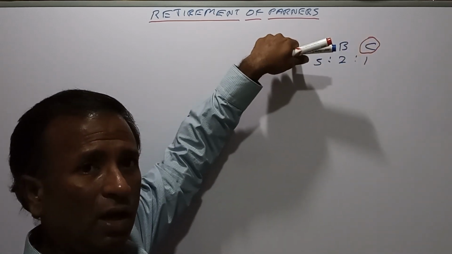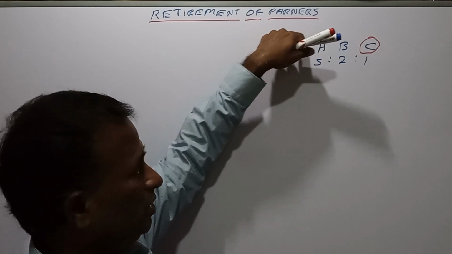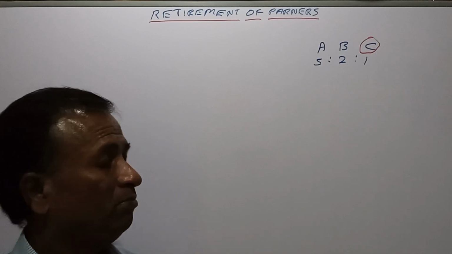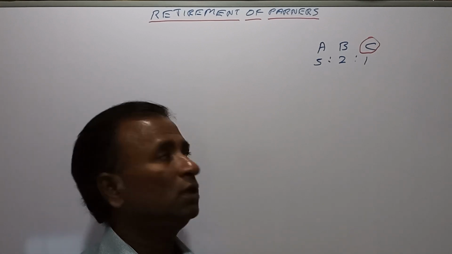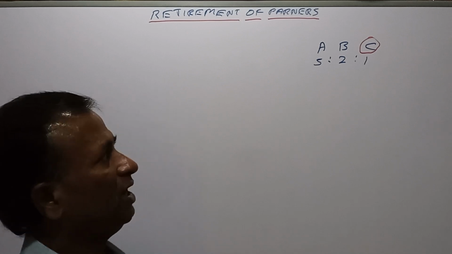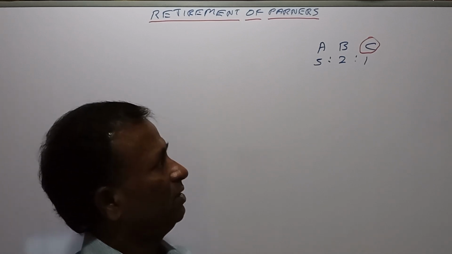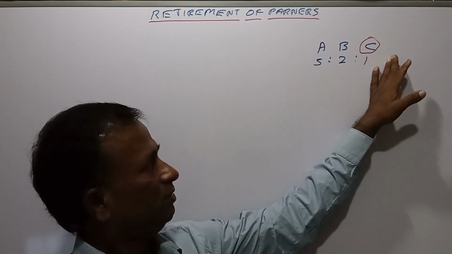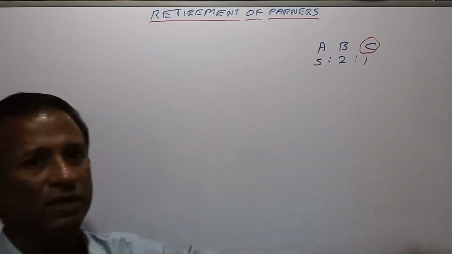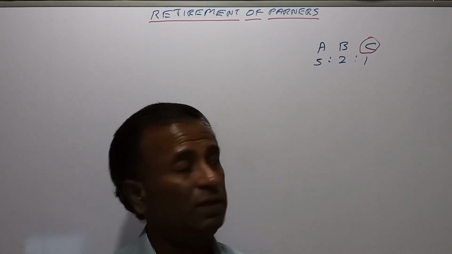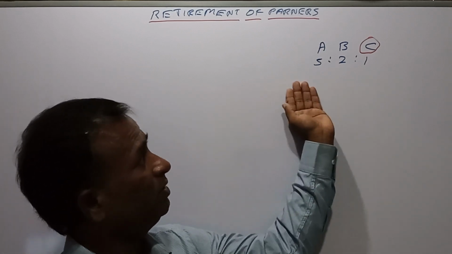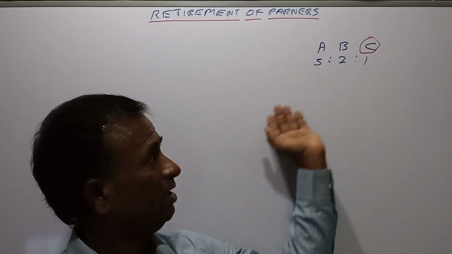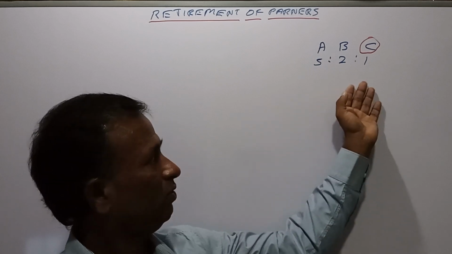Goodwill and revaluation of profit and loss will be shared among all three partners, but there may be a difference in the profit sharing ratio, right? Here they will adopt the elimination method. There are two methods, the elimination method and the lengthy calculation method.